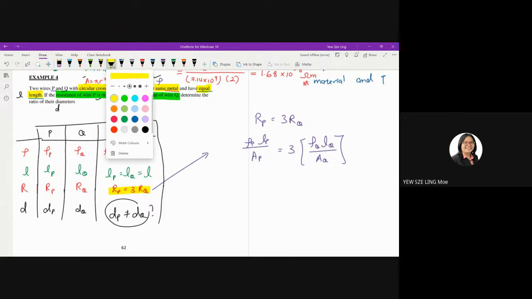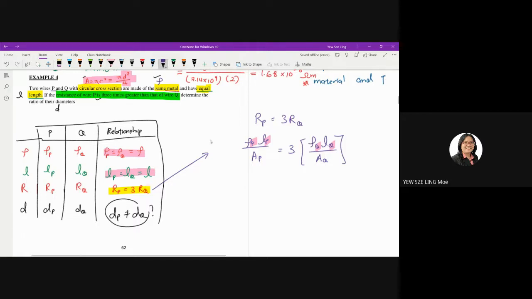But what we do know is that we have a circular cross-sectional area, right? Let us go back to the main question. We have a circular cross-sectional area, meaning that our A equals pi d squared over 4. So we can expand these equations and also simplify them at the same time by removing the subscripts. Why? Because according to the relationship table, we have rho P equals rho Q, and we have LP equals LQ. So let us simplify it.